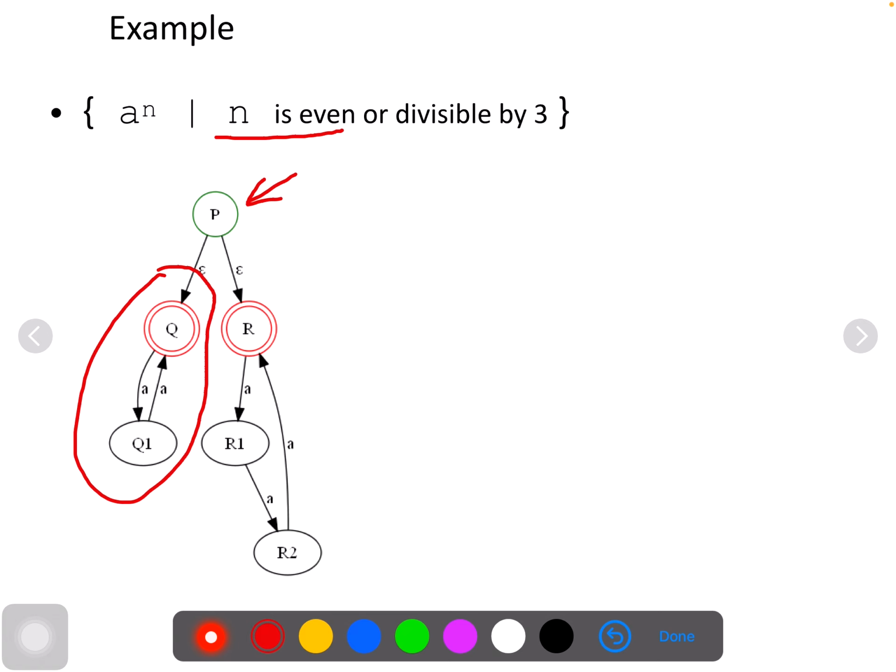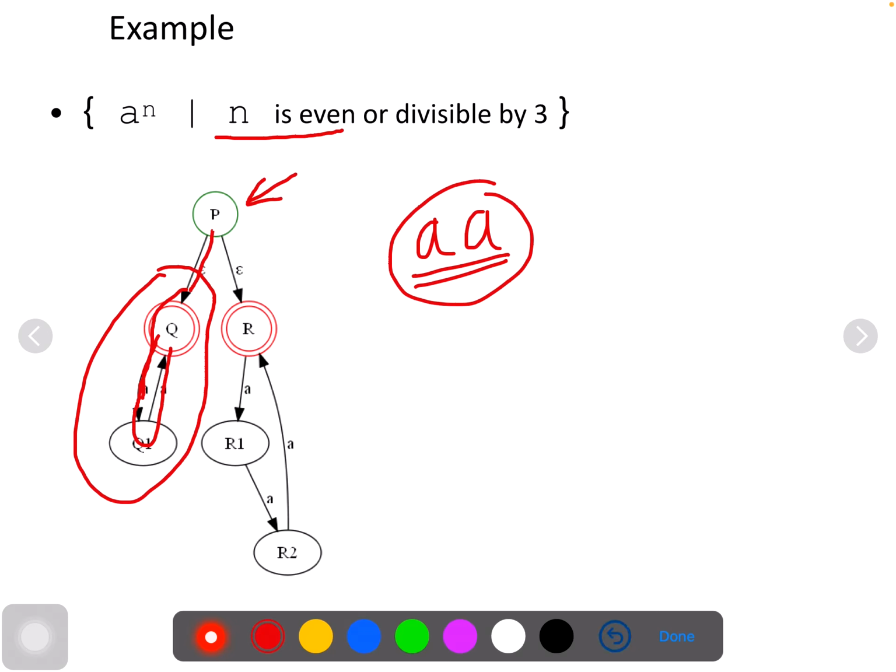So that is what I have created. Here it is Q. Suppose n is 0, it still moves to this. Suppose the number of A's is even. Is it accepting? First it comes here, then goes on A and comes back, so an even number of A's is accepted.